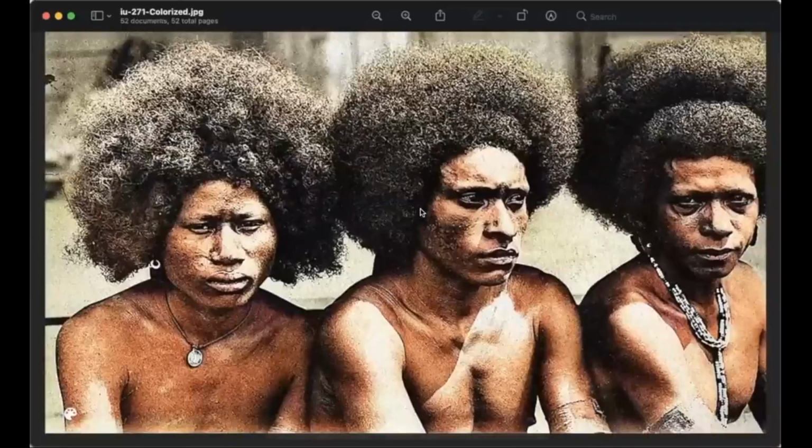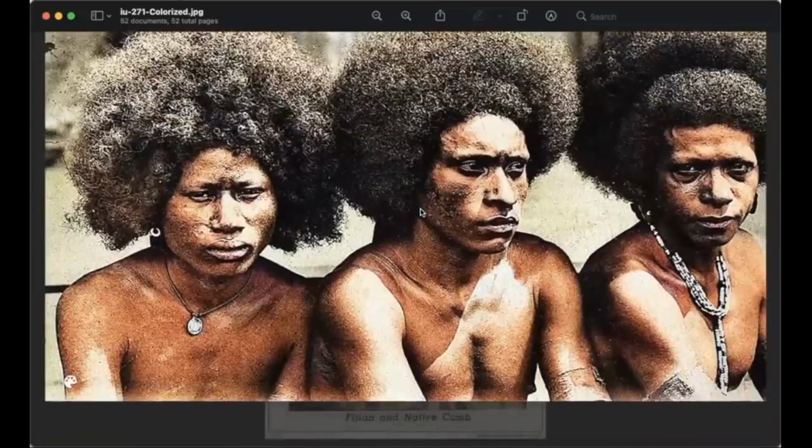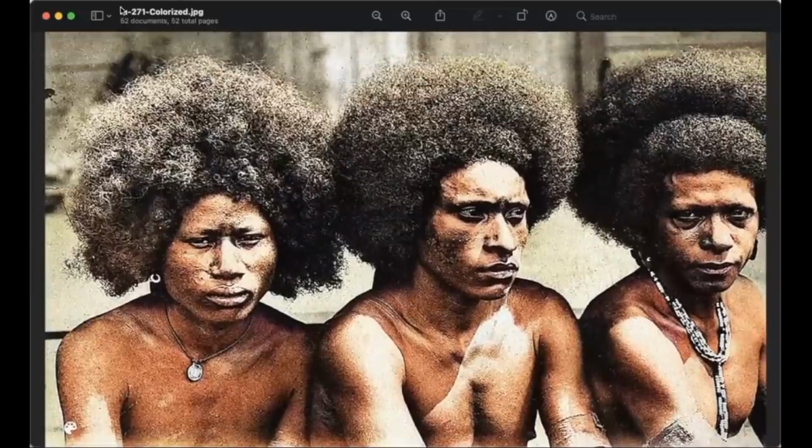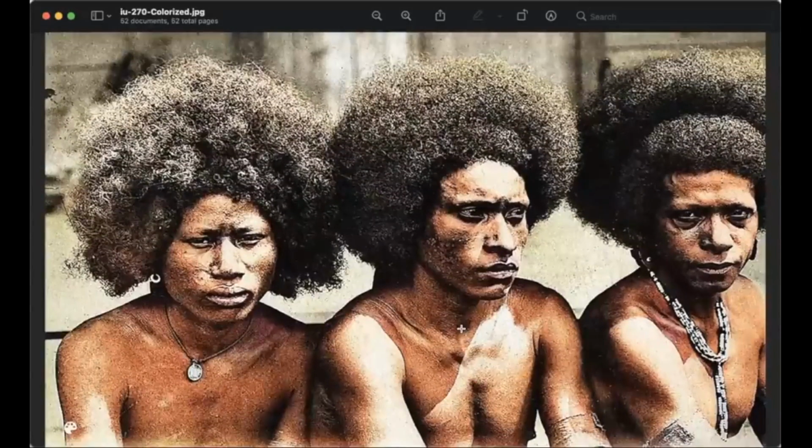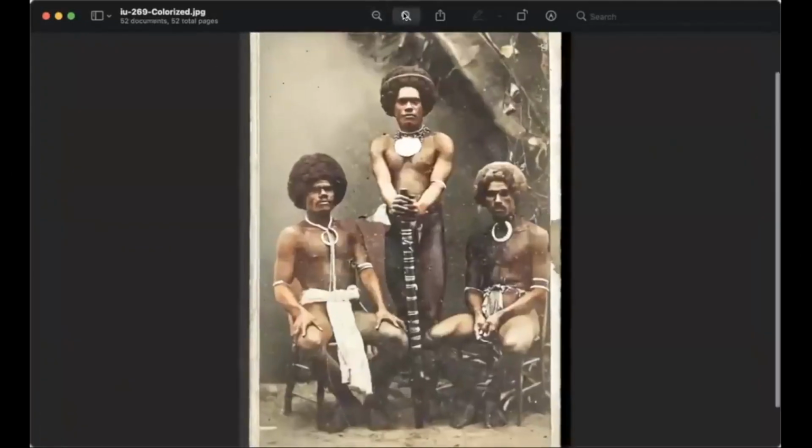And now we have, I believe, some more Fijians. These are Asians, Southeast Asians. Again, none of these people trace back to Africa. Break the spell. None of these people trace back. The haplogroups are Asian in origin. They're not from Africa. Do the research. These are some more Fijians.